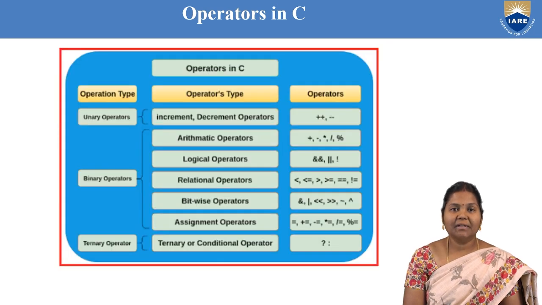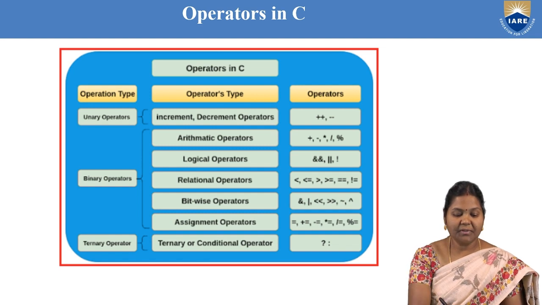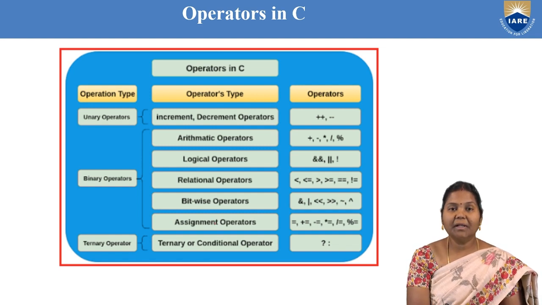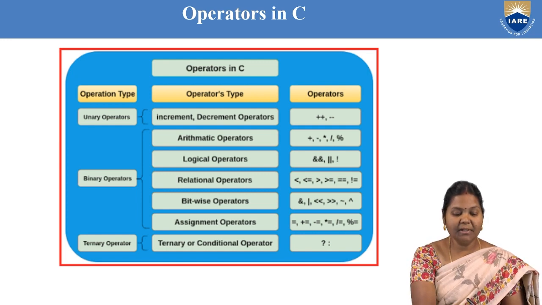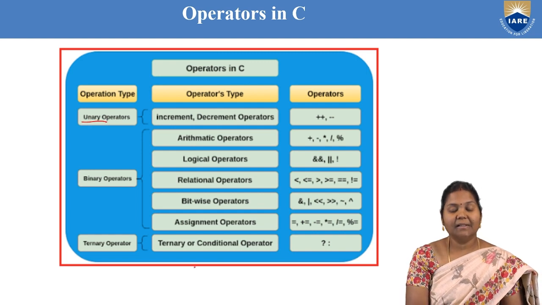Now, let us have a look at all the operators available in C. You can see that there are unary operators, binary operators, and ternary operators. The names unary, binary, and ternary depend on how many operands you are going to use. Increment and decrement operators are unary by nature.